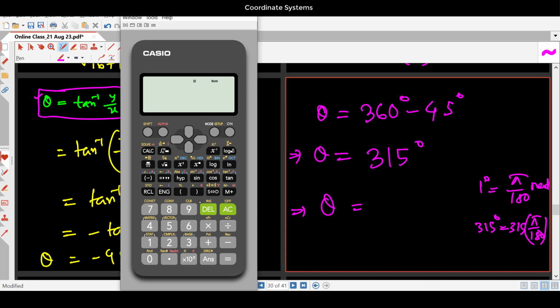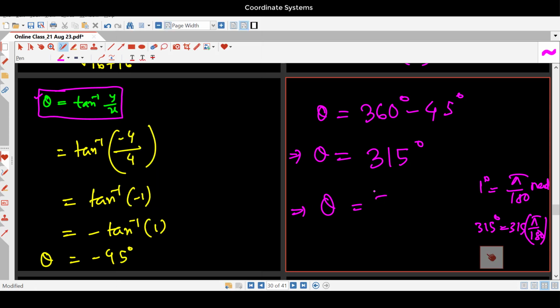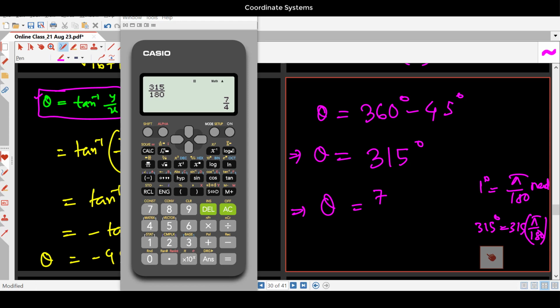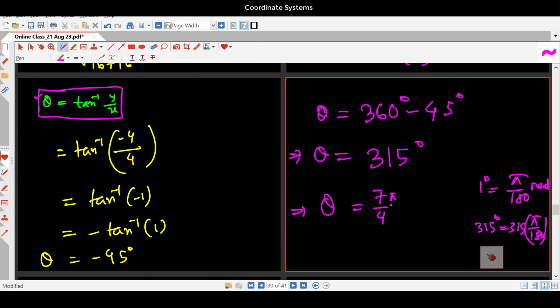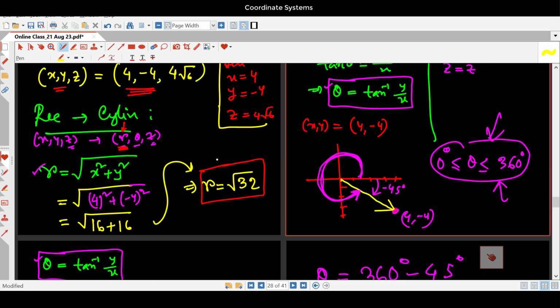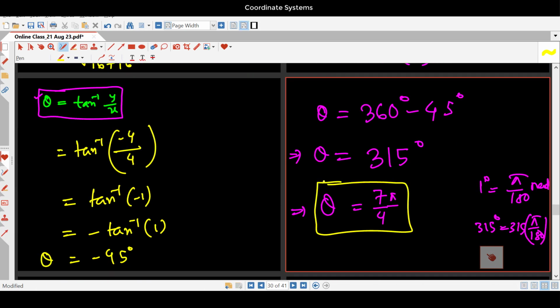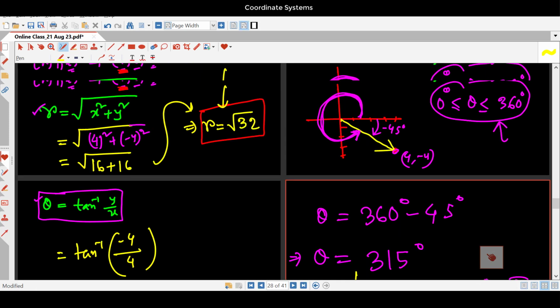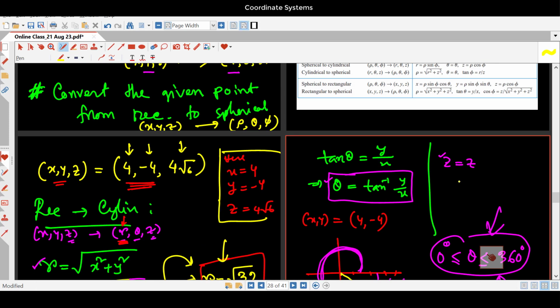You can use your calculator to get a simplified form, that is 7 over 4 pi. So this is theta. So we have found r, we have found theta, and we need z. Z is already here, that is 4 root 6.